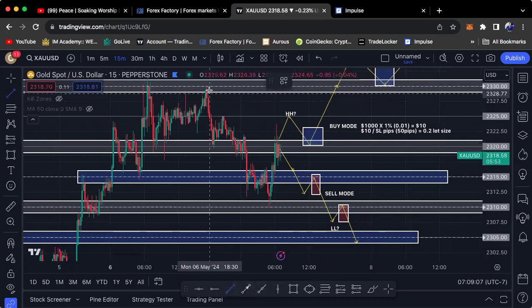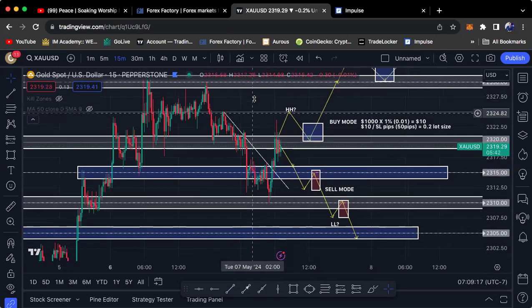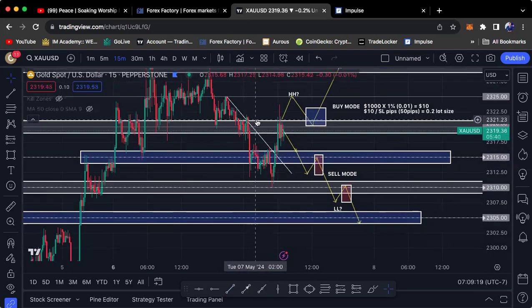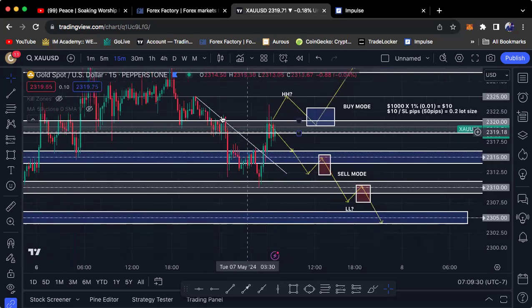People that trade London session really capitalize, because look at all this. This is all London session. And then price broke above and took out all these sellers.